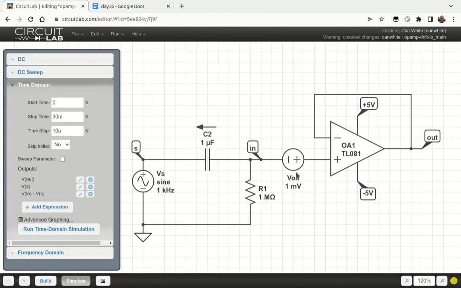This is 1 millivolt times a gain of 1. You know about superposition. But the node right here is minus 50 microvolts because of the input bias current heading to the right. So if you take minus 50 microvolts plus 1 millivolt, you get 950 microvolts. See how the subtraction goes there?